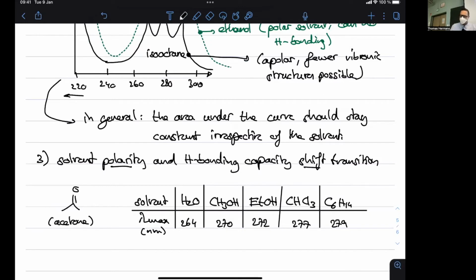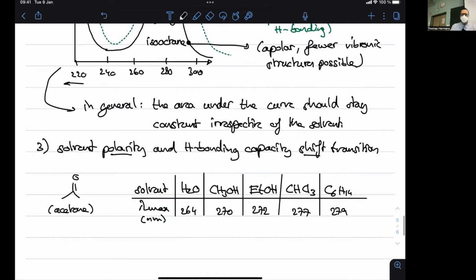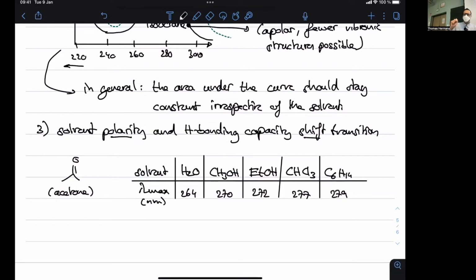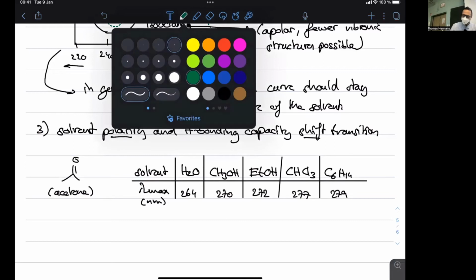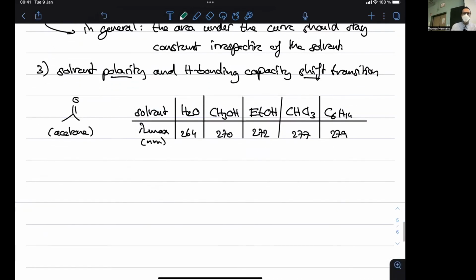So as we'll see later, there's a red shift, like the absorption maximum shifts to longer wavelengths. Okay. I'll come back to that. Sorry, I have to go a bit fast because I lost 20 minutes at the beginning. Sorry about that.